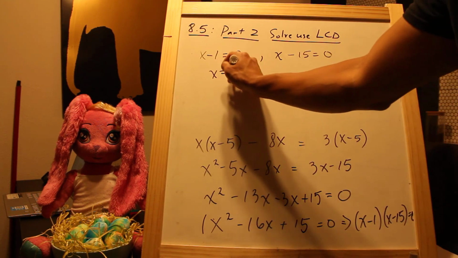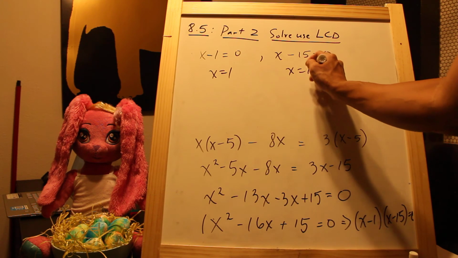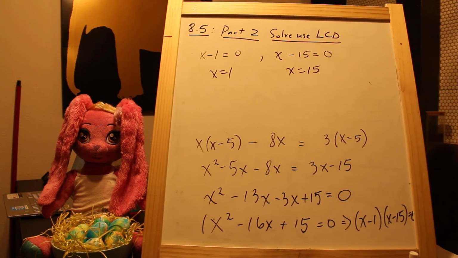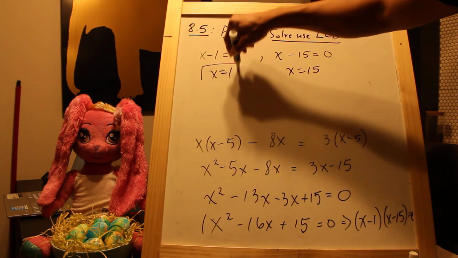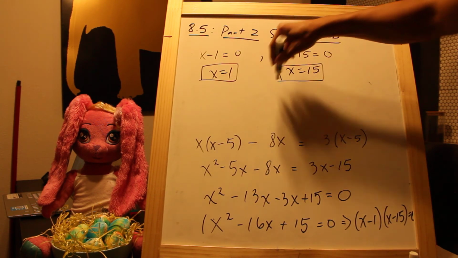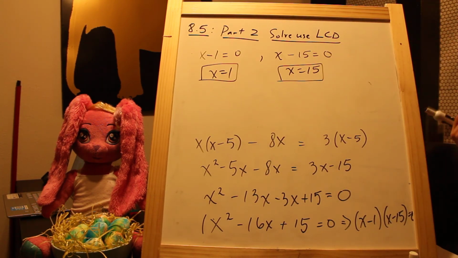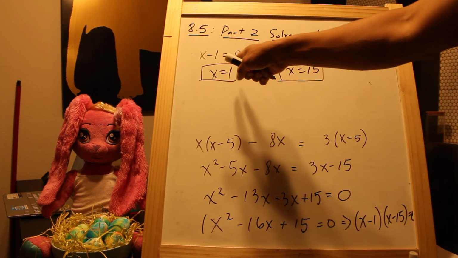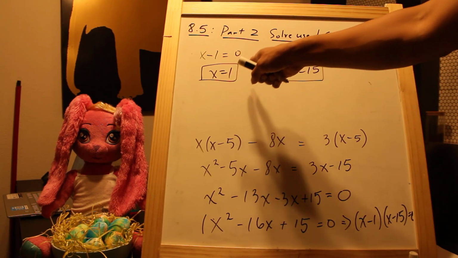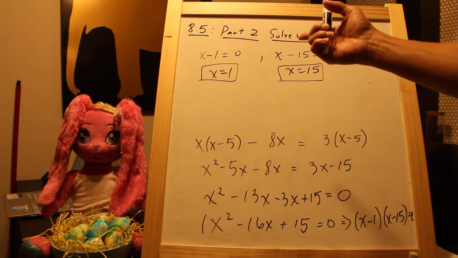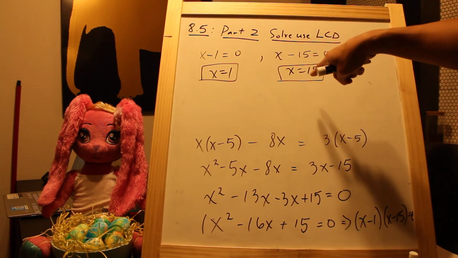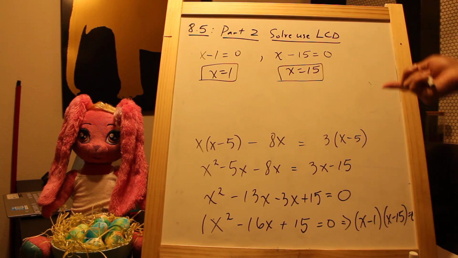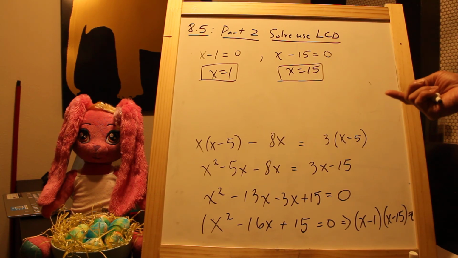So x equals 1 and x equals 15. Now this is only part of my solution. What I mean by that is this is the big part of it, but I have to go back and check. That means I got to go back and plug in x equal to 1 to prove if my statement is correct, and go back again one more time and put in x equal to 15 and do the whole step all over again to see if my statement is true.